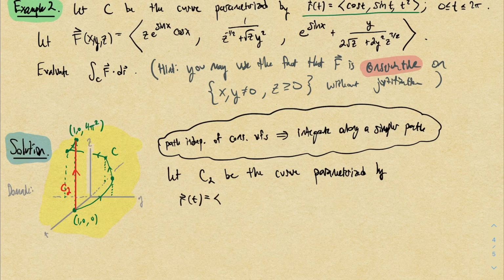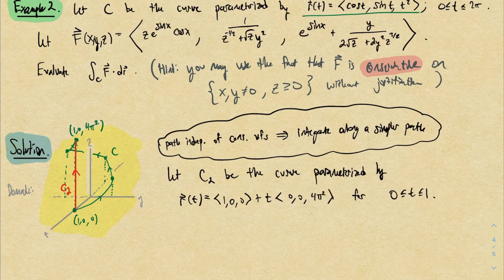We have our starting point, which is (1, 0, 0). We have a direction vector, which is our finishing point minus our starting point. That would give me the vector (0, 0, 4 pi squared). Then a parameterization of that segment would be the starting point plus t times our direction vector, and we could send t from 0 to 1.